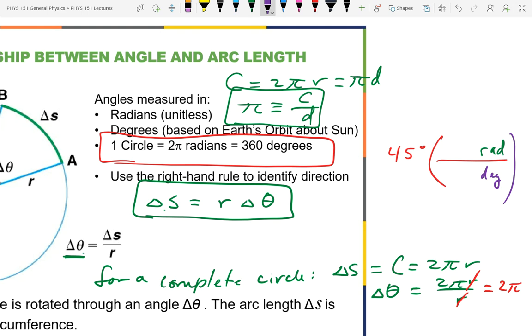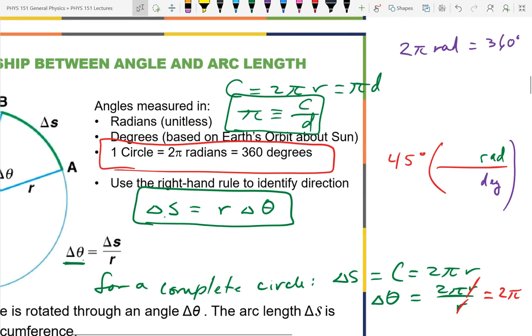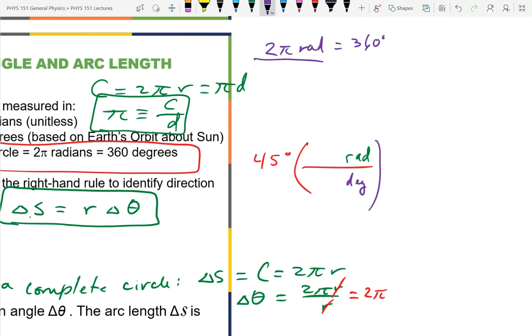Well, just looking at the relationship in the red box, since 2 pi radians equals 360 degrees, if I divide both sides by 360 degrees, 360 degrees over 360 degrees is most clearly 1. So that's my conversion factor.